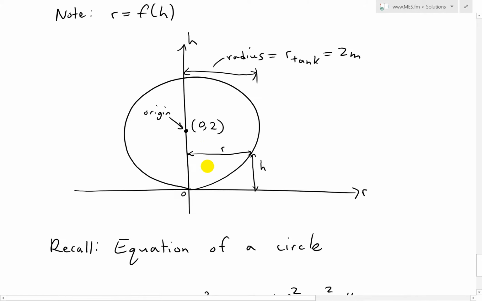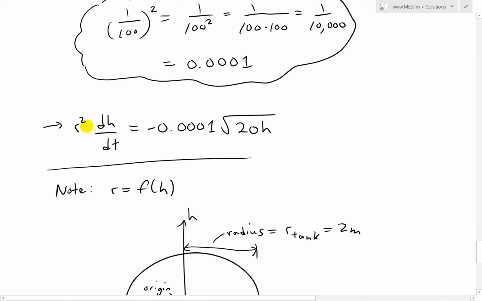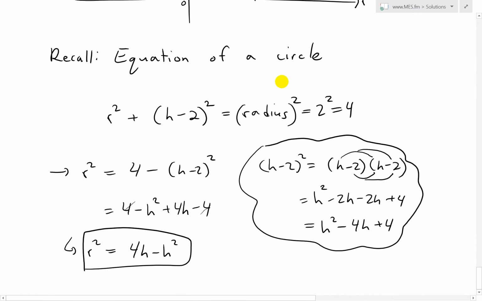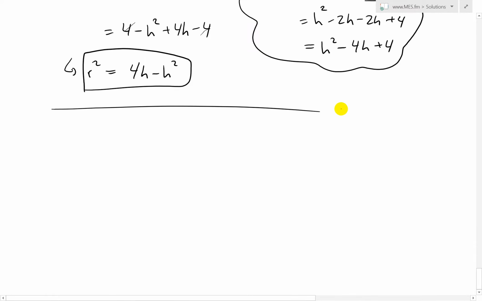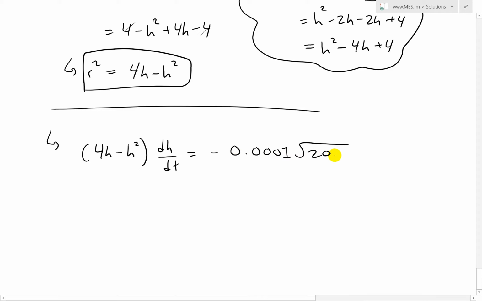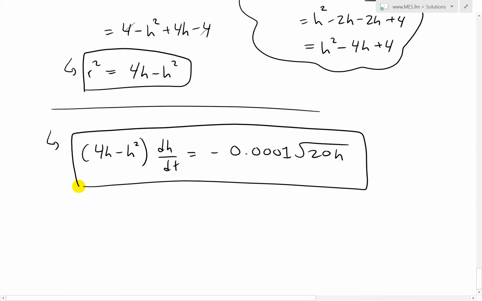Let's scroll up and put everything in for r squared, and we get the differential equation which we were asked to find: (4h minus h squared) dh/dt equals negative 0.0001 square root of 20 h. And there is the differential equation, which I will evaluate in the next part B video of this question.